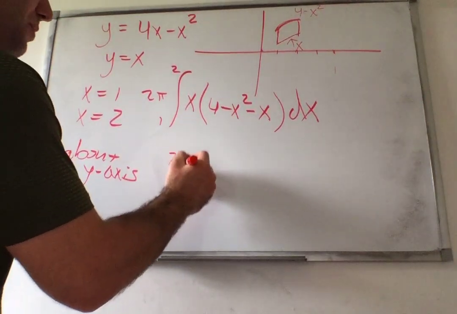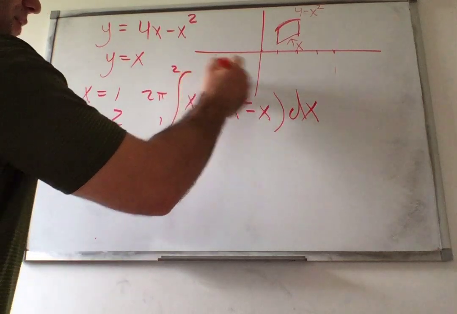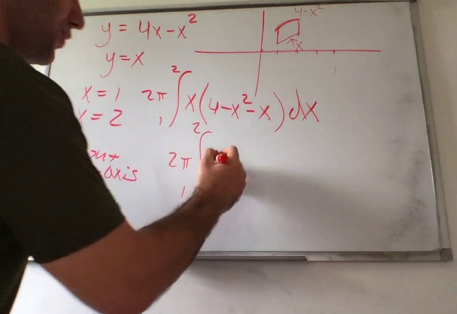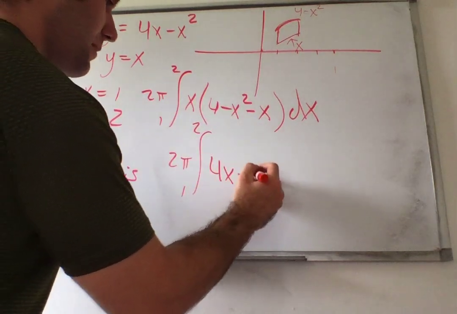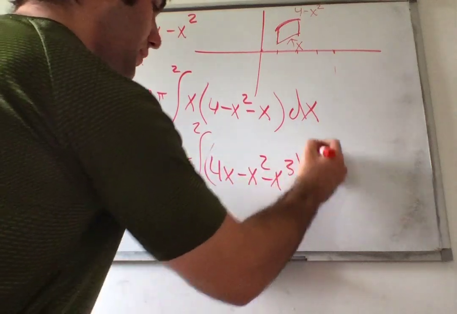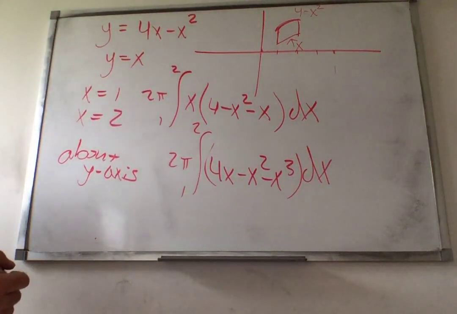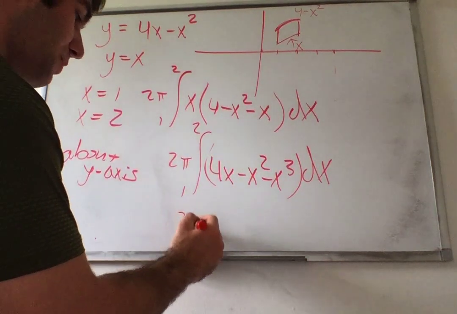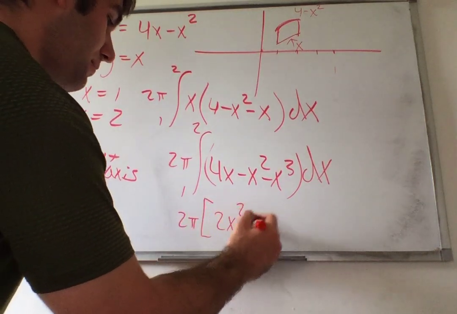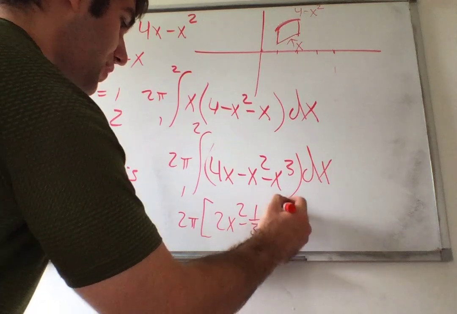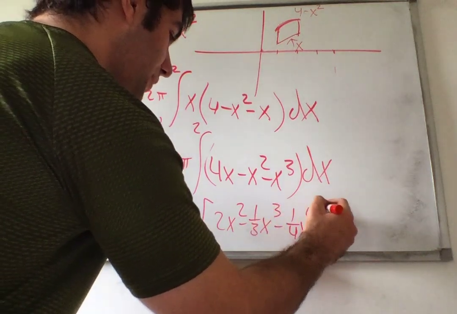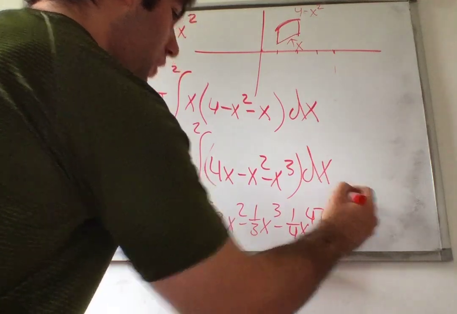If I were to multiply this x through, you get 4x minus x squared minus x cubed dx. 2 pi times 2x squared minus 1/3 x cubed minus 1/4 x to the 4th, evaluated from 1 to 2.